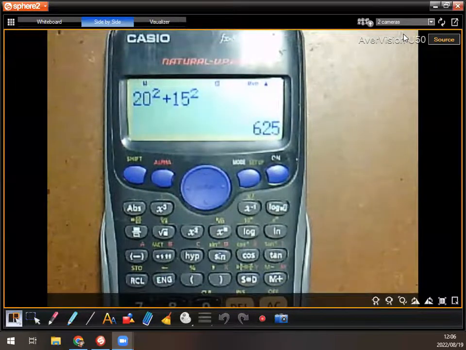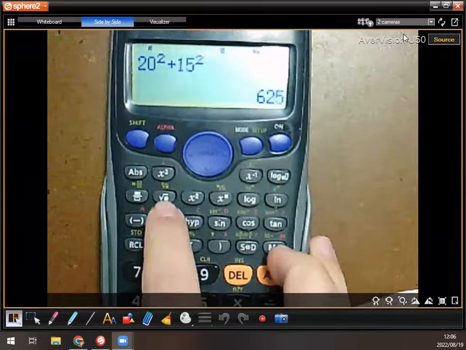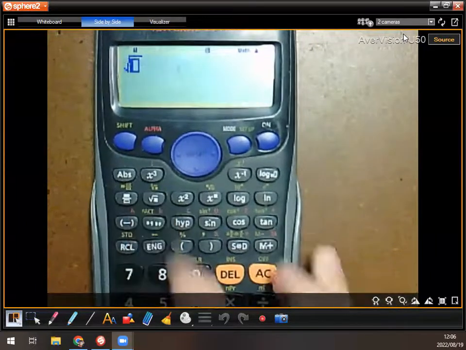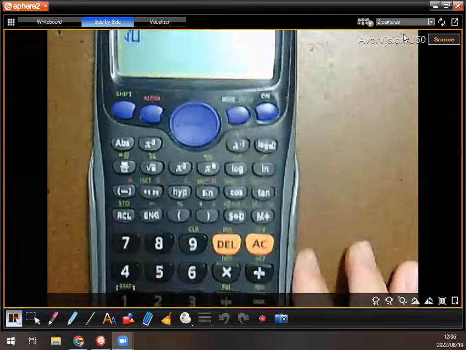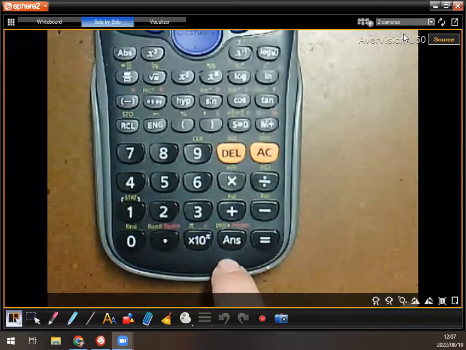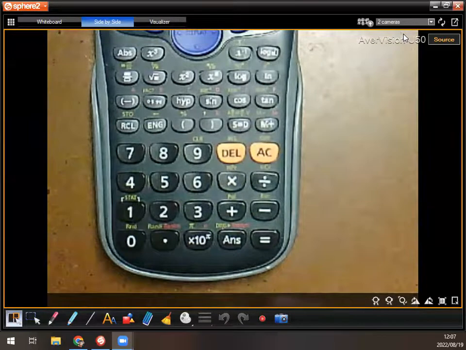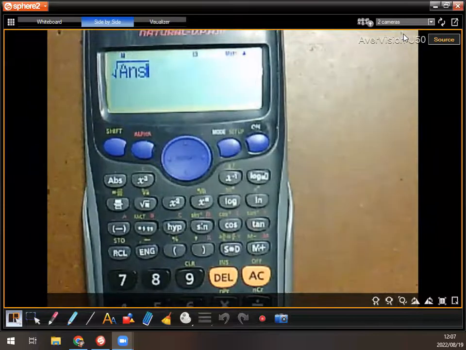Now if you don't know what the square root of that is, you see that square root button with a little block. You're going to press that button. And now, guys, you can either type in 625 or what's very nice about this calculator, you can press the answer button. That is going to use whatever your answer was from the previous calculation. Or like I said, you can type in 625 if you want to.